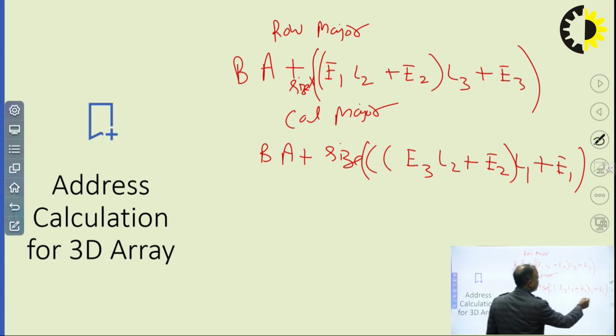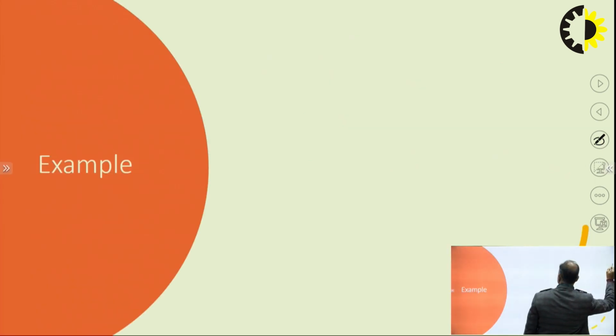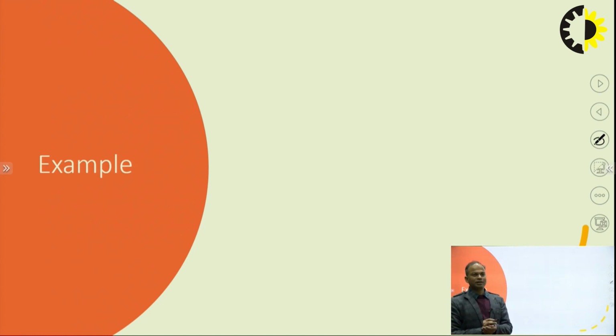Now for example, an example is given, and how you can find out the address for any location of the three-dimensional array.